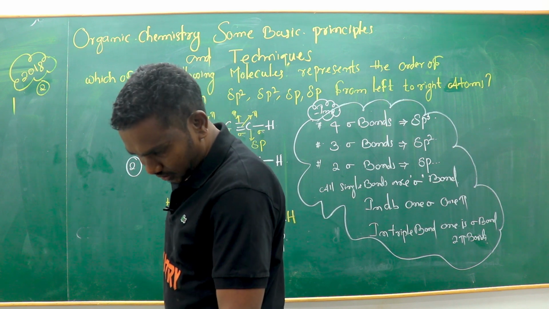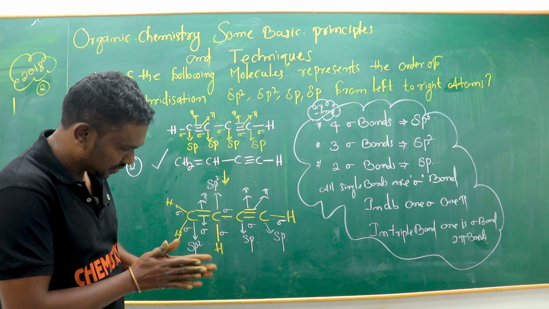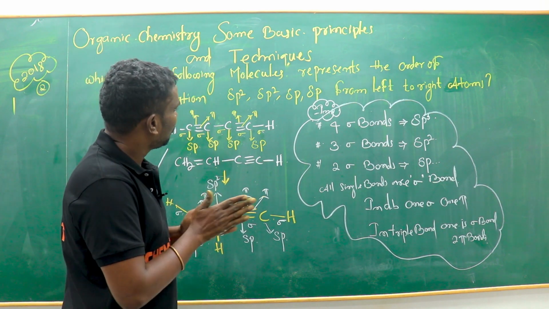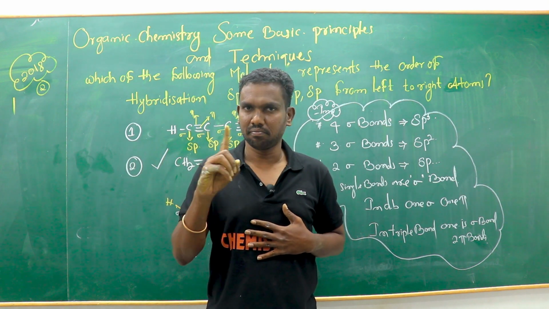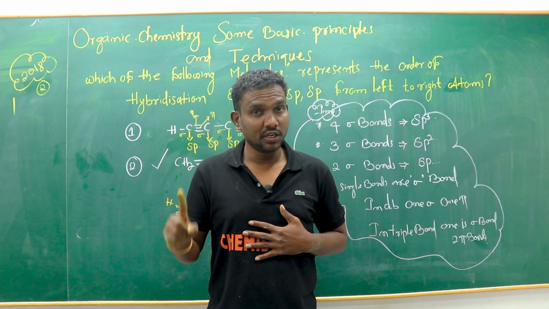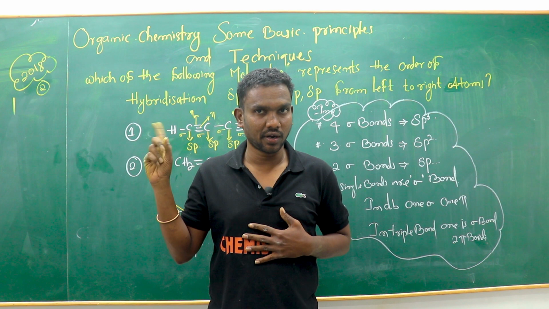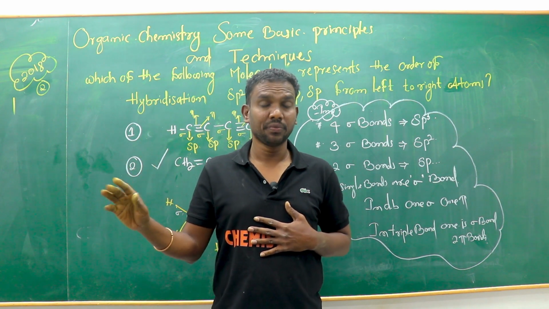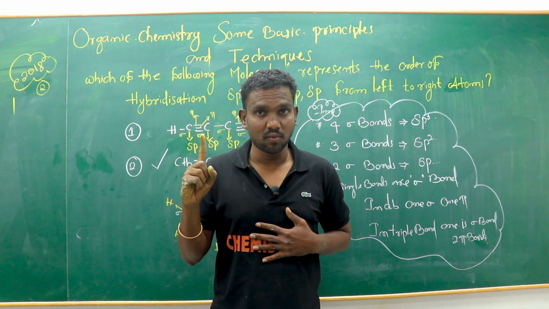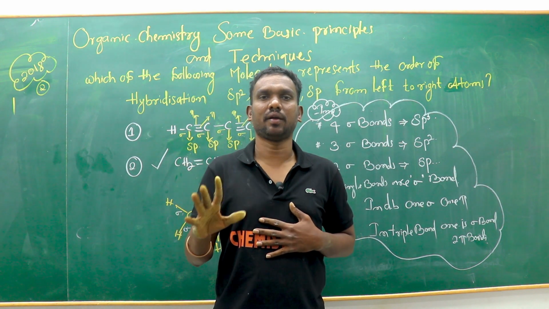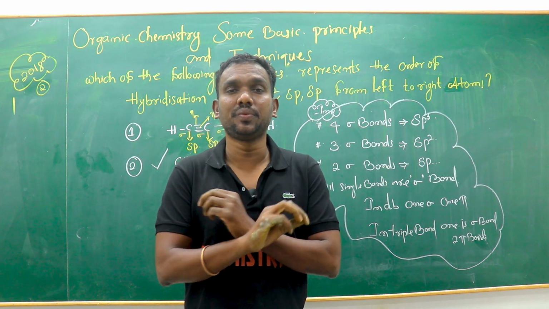See, once again, a small recap for this question. These questions generally appear in our NEET, beta. So first of all, single bonds are sigma bonds. Point number 1. Point number 2, in double bond, 1 is pi bond, 1 is sigma bond. Point number 3, beta ji, in triple bond, 1 is sigma bond, 2 are pi bonds. And the very important point, pi bonds have nothing to do with hybridization, beta.